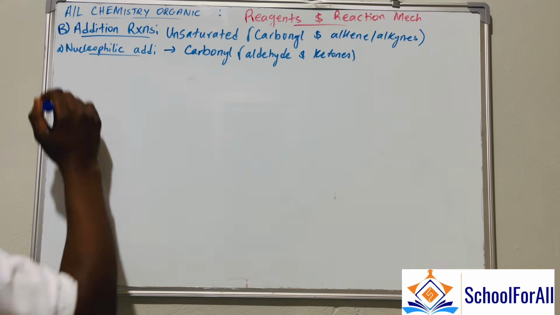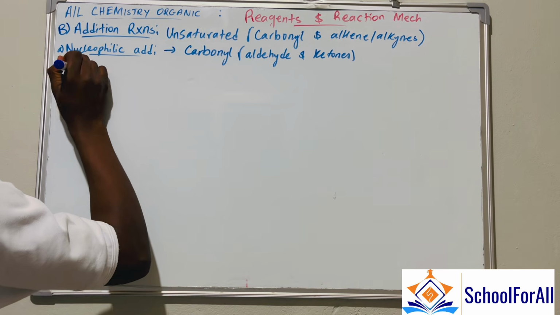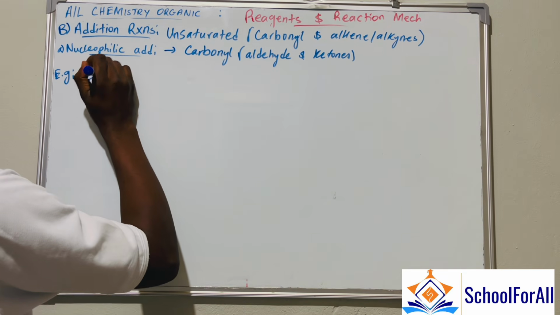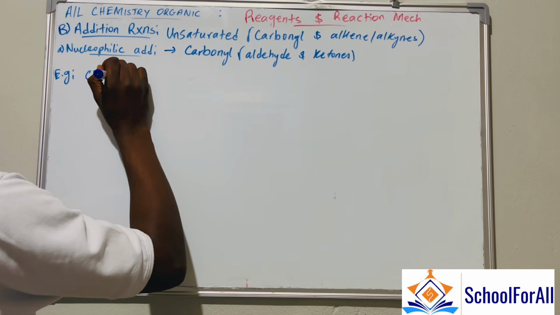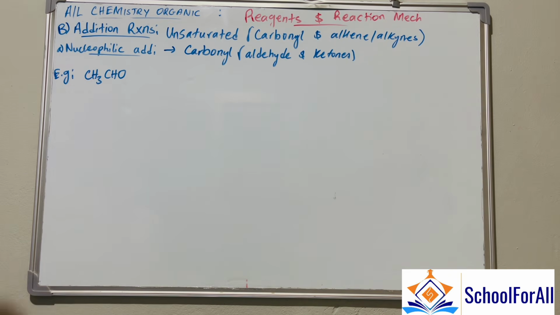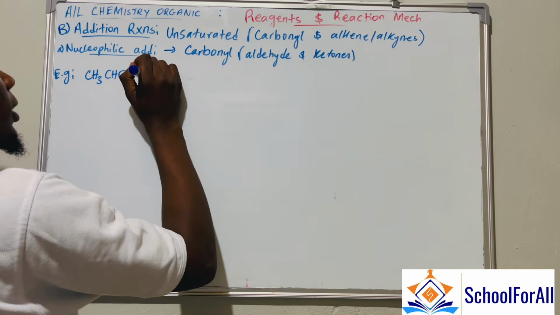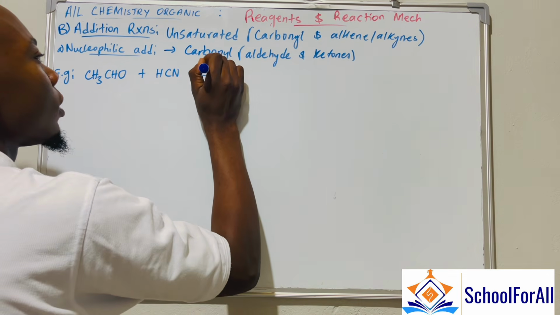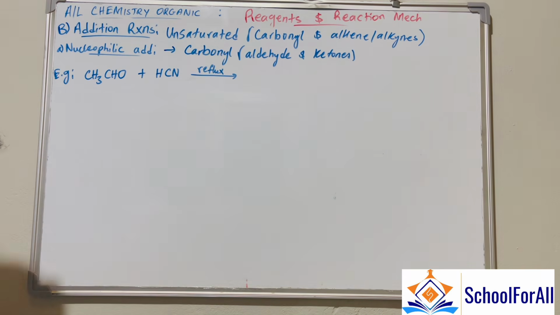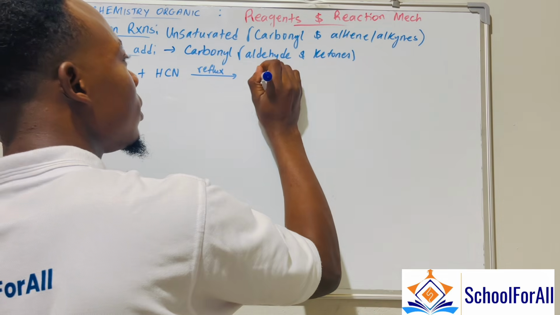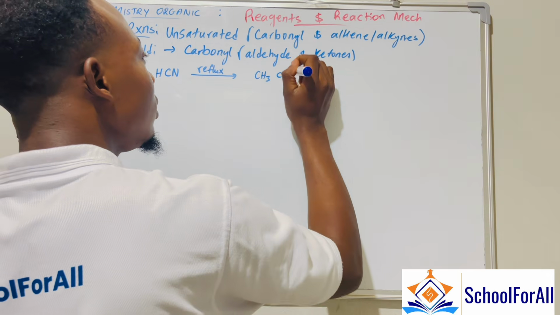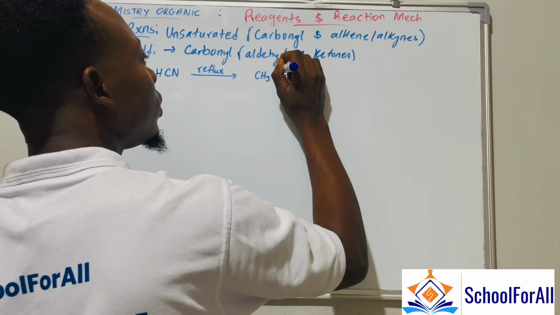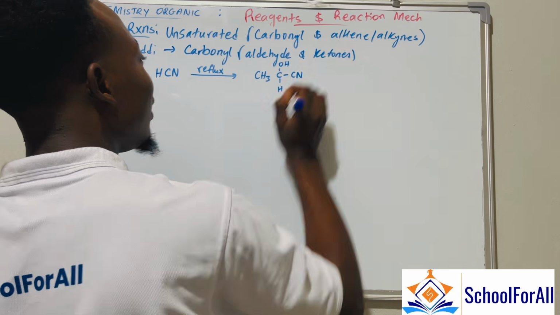So what happens in a nucleophilic addition reaction? If I have, for example, a carbonyl compound, let us take the case of ethanal. I will react it with, for example, hydrogen cyanide under reflux. I am going to produce a nitrile, which will form CH3CH(OH)CN.